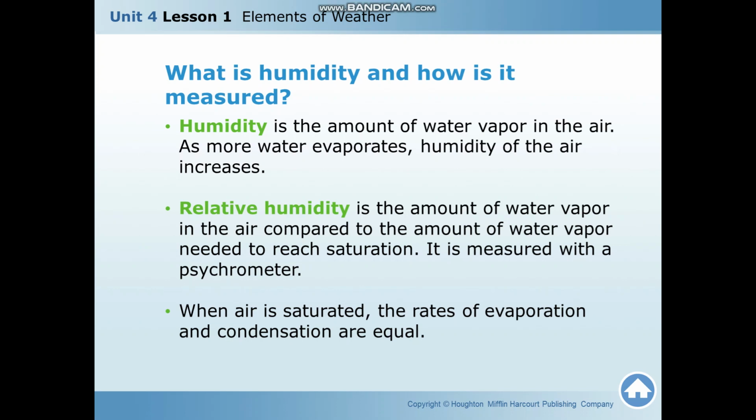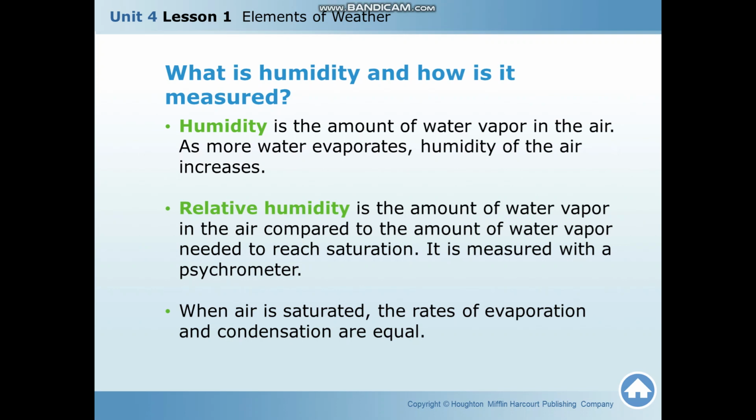So this type of instrument, there is what we call the sling psychrometer that has two thermometers. And for further details about this, you can check out many videos on YouTube so you can see how it works. So it measures the relative humidity.